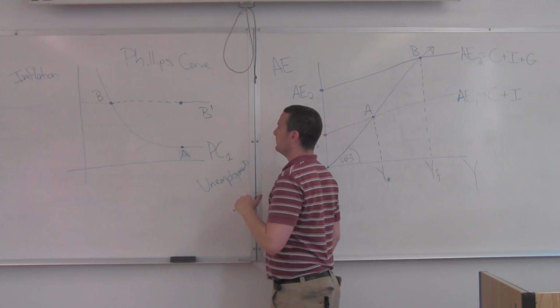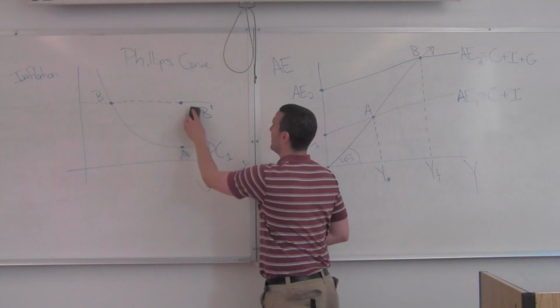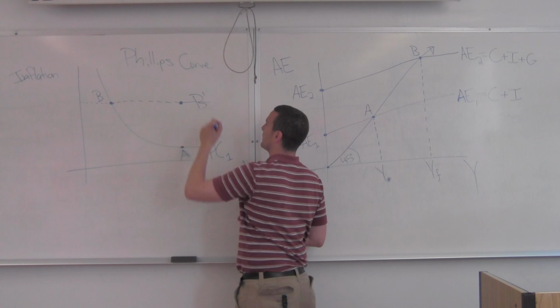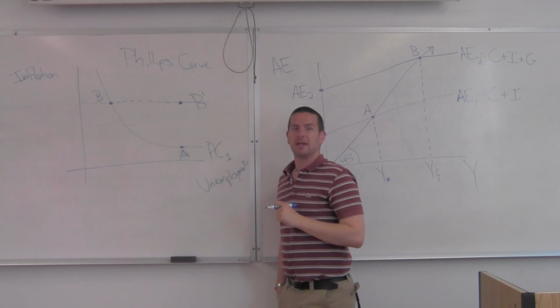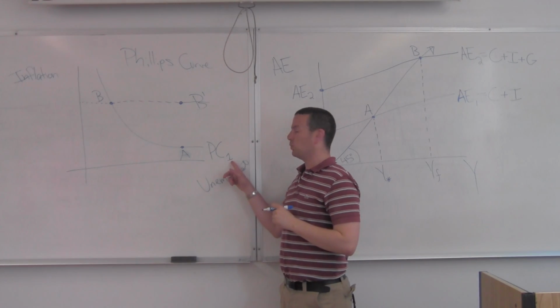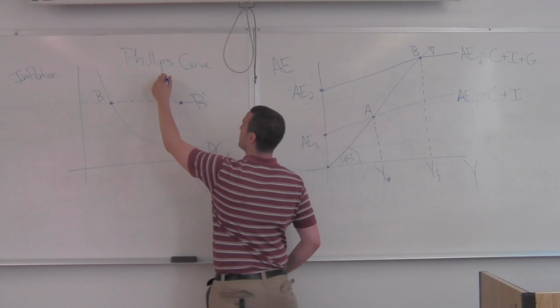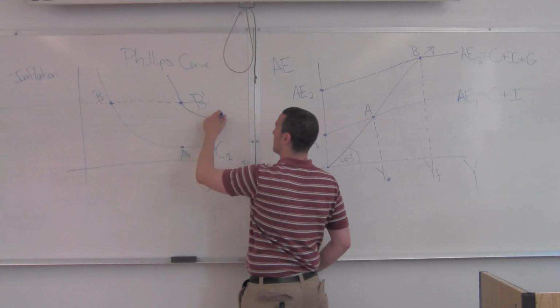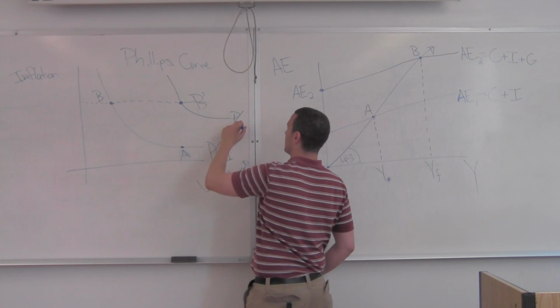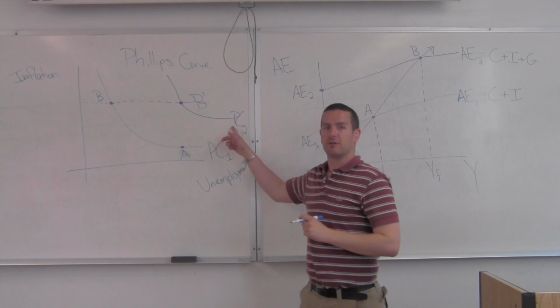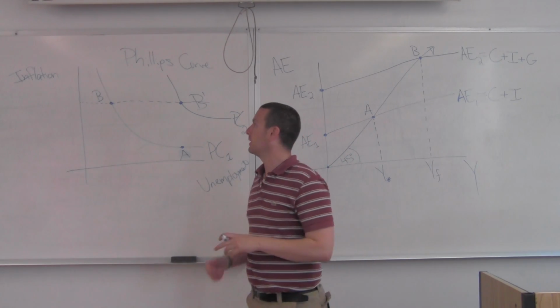Okay? And I actually should probably get it out of the way there. So what ends up happening is your PC1 actually shifts outwards. Okay? You get a new Phillips curve, PC2. Okay?